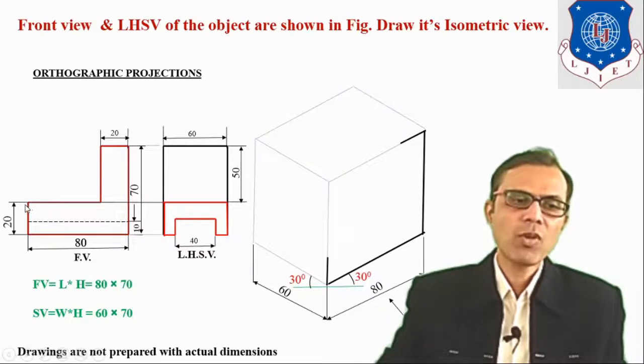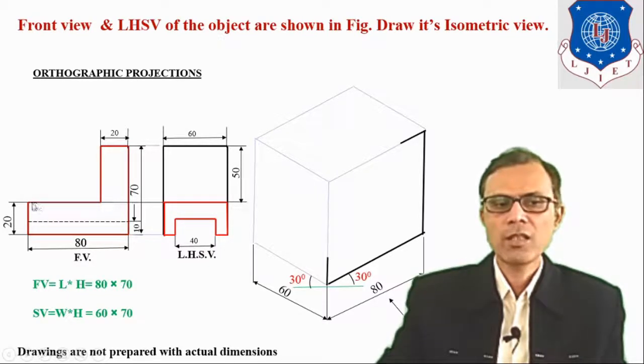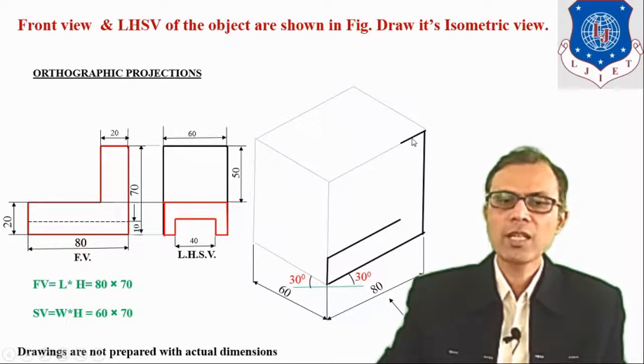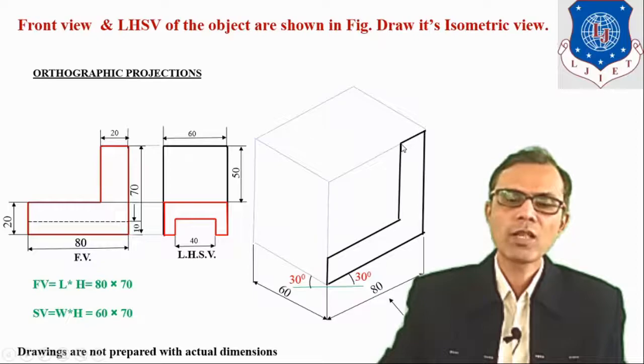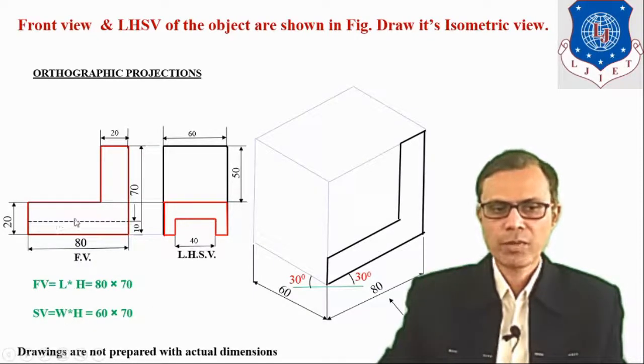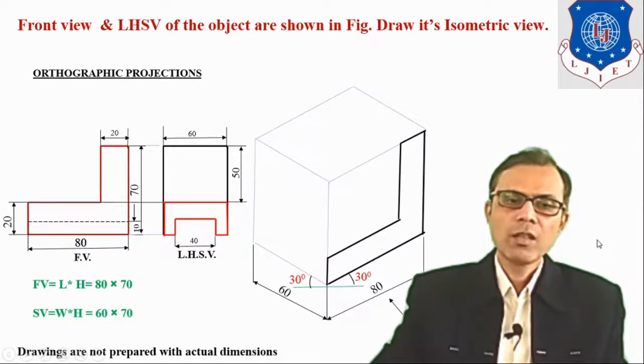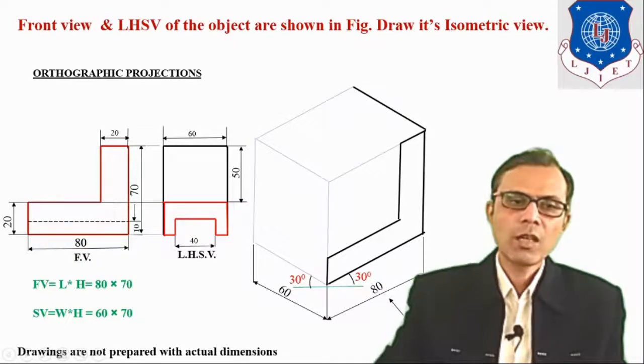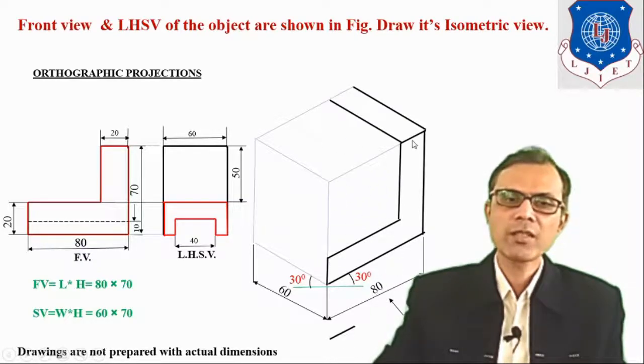Then from this point it is a horizontal edge. So from this point draw a horizontal line, and from this point draw a vertical line. So this rectangular shape, that similar shape is drawn here. Now this dimension is 20, so complete this rectangle by taking the 20 dimension.